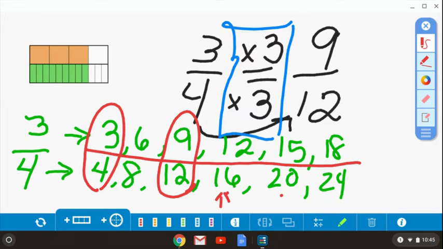So writing out your multiples, which are the answers to your multiplication facts, is really simple. If you've got a multiplication chart, you can just look on there and find equivalent fractions. Okay, so there's equivalent fraction review, super quick.